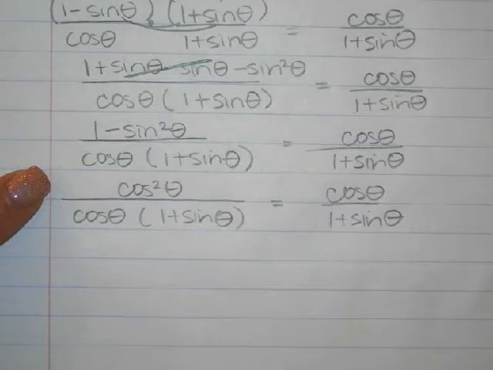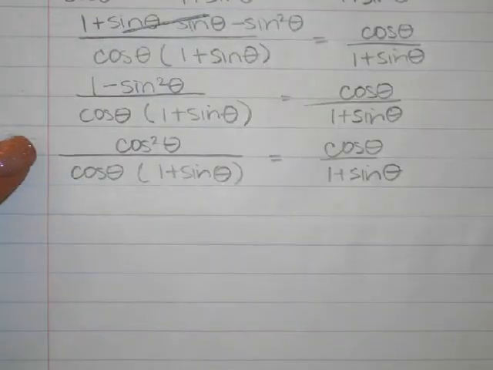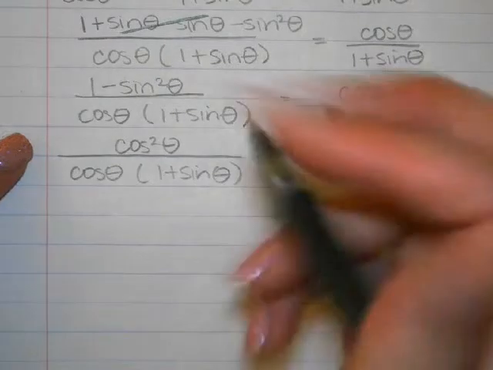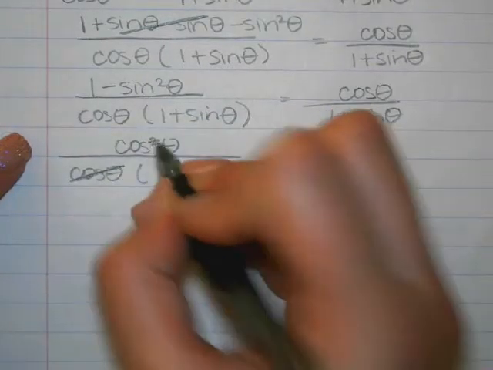So at this point, what do you see? Yeah, a cos on the top and the bottom can cancel, and then you're done.